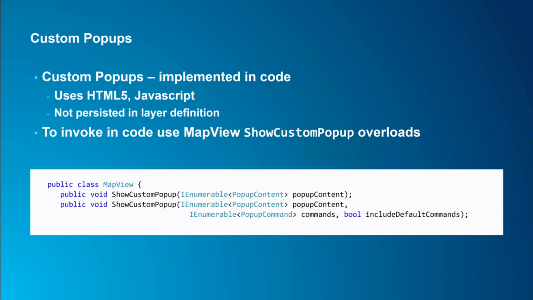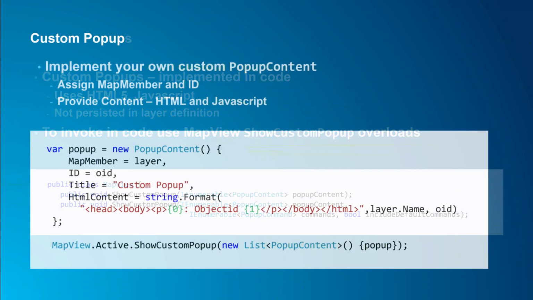And you also have the option of having an enumerable of pop-up content, and then an enumerable of pop-up commands, which are commands that you can custom code on the user interface that pops up. So we'll see that in a second.